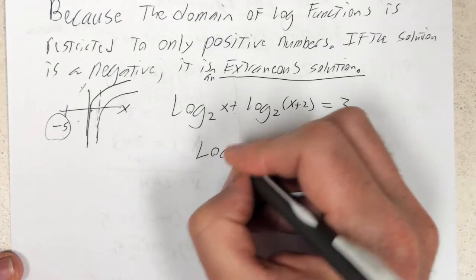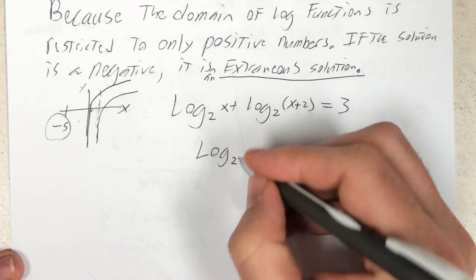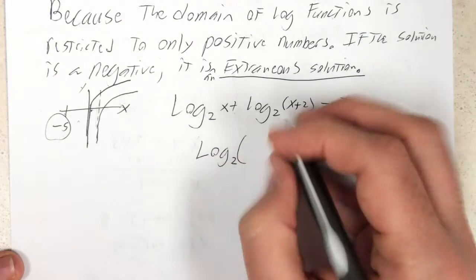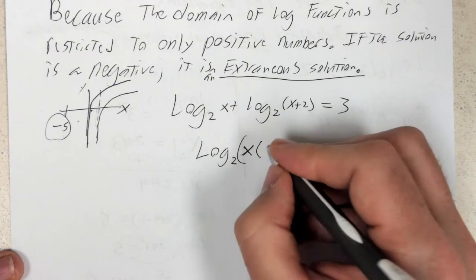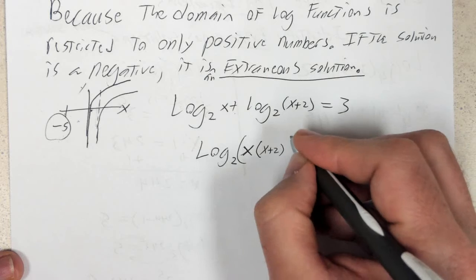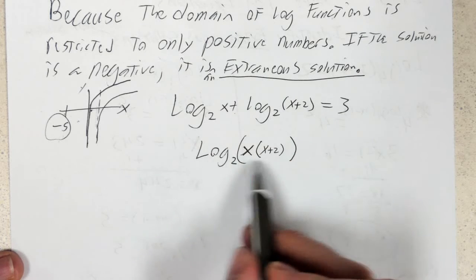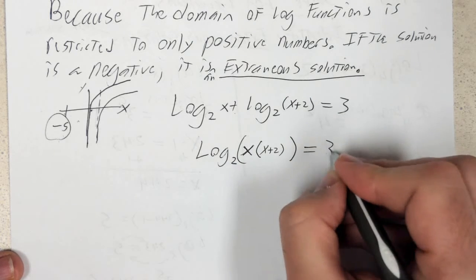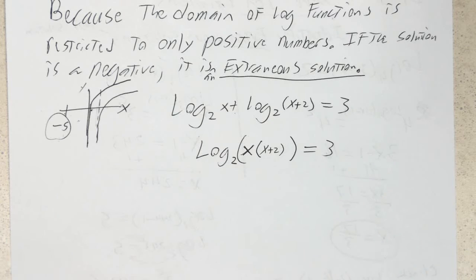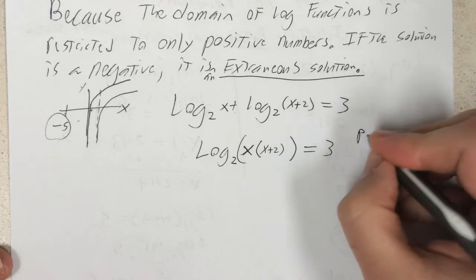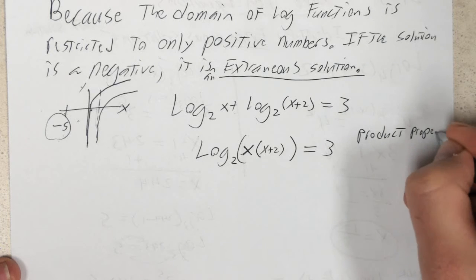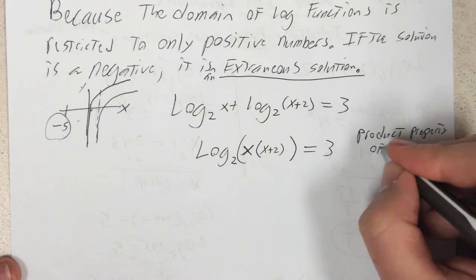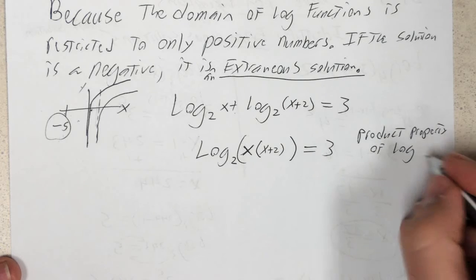So that will be log base 2 of x times x plus 2, just combining those, equals 3. All right, and that is the product property of logs.